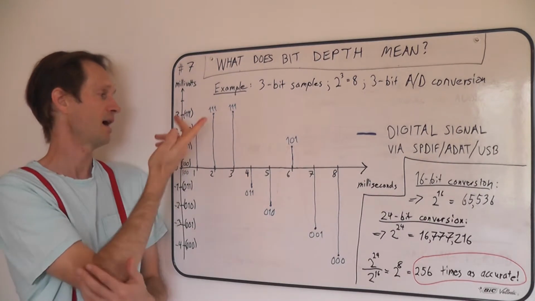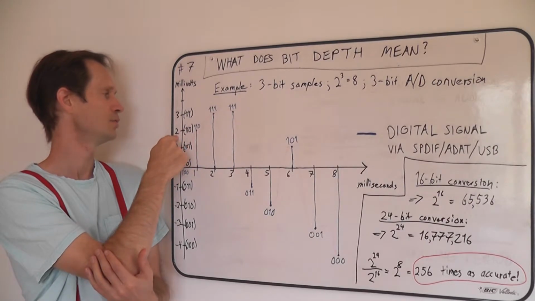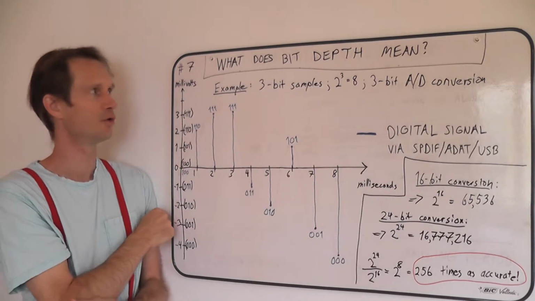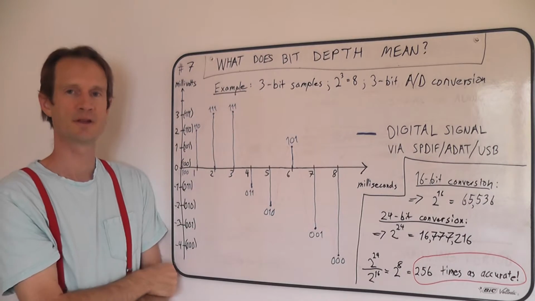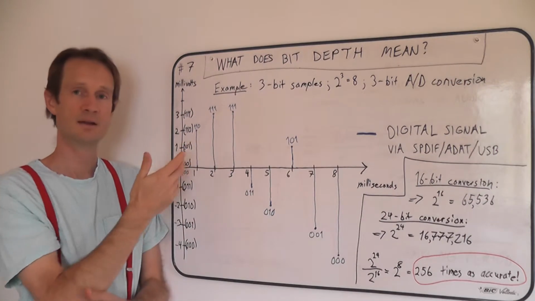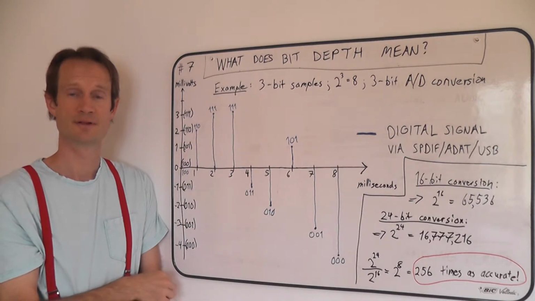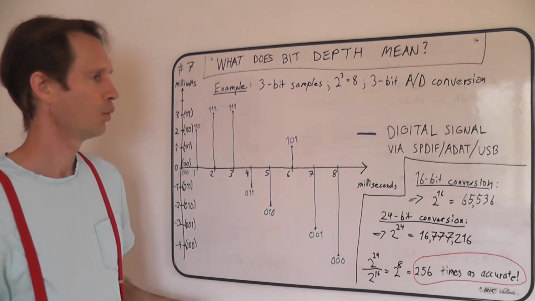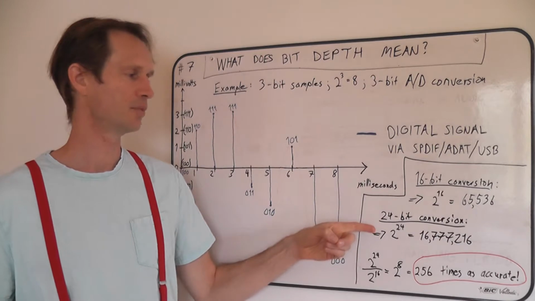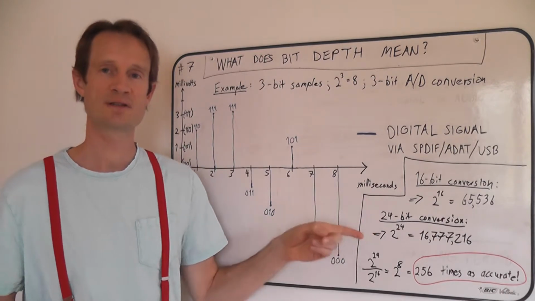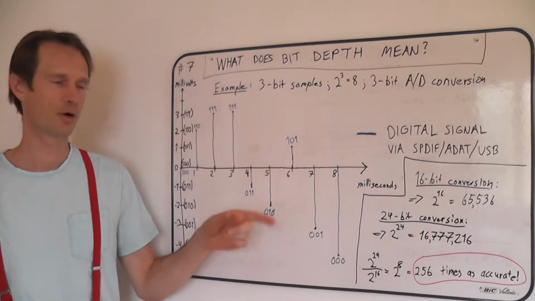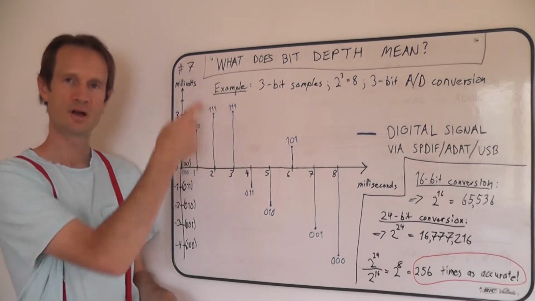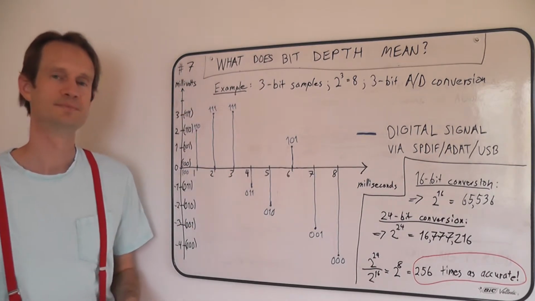Then I'm going to have to choose to either round it down to 2 millivolts or round it up to 3 millivolts with my 3-bit sampling scheme, meaning that there's going to be an error in the signal. So what we're really doing when we're increasing the number of bits is we're decreasing the amount of error in the amplitude of the sample that's taken.